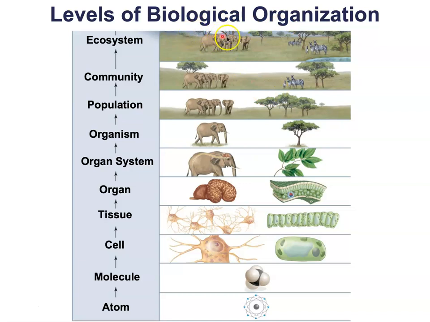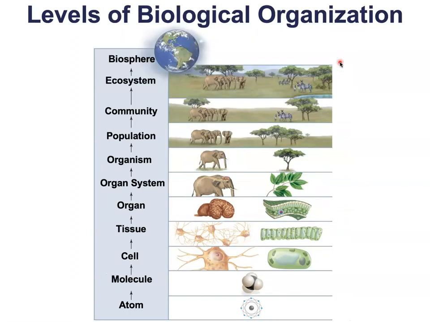And I know it's really small and hard to see, but we have things like the weather and climate. Those play a very important role in the ecosystem. The amount of sunshine plays a very important part of the ecosystem. Water, the availability of water and nutrients, the nutrients found in the soil, those are all part of the ecosystem. So the ecosystem is both the living and the non-living components of the environment.